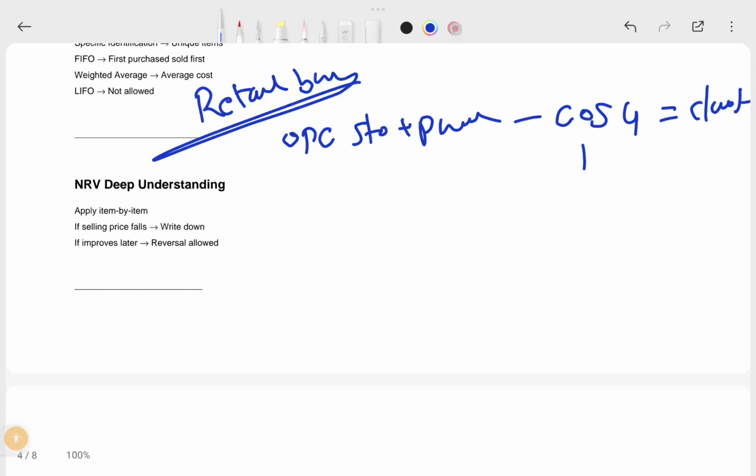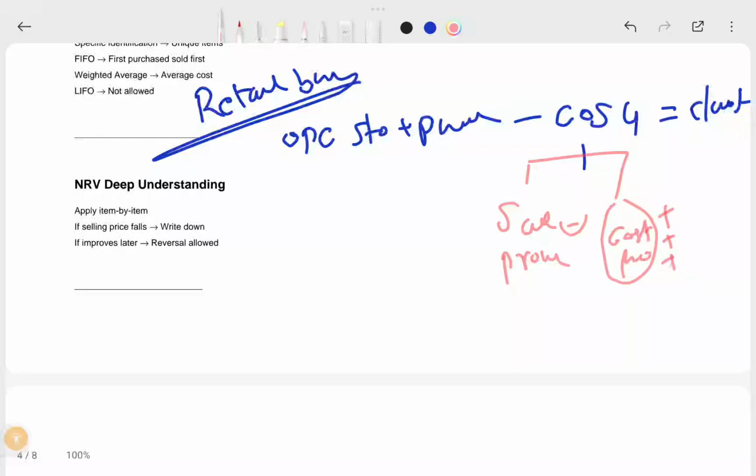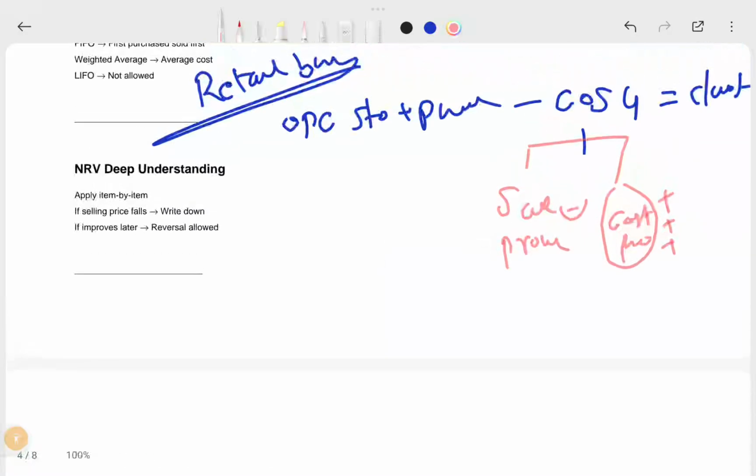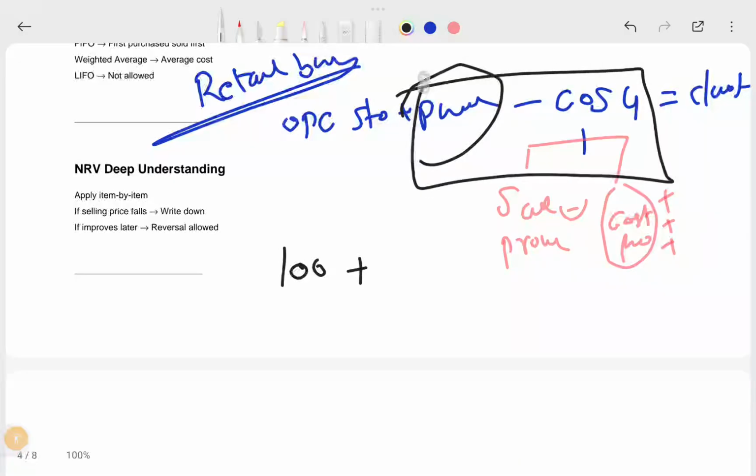How will this cost of goods sold arrive? Sales minus profit, or cost formula. I mean all materials supply, and these are the options. In this example, you can assume our opening stock is 100.